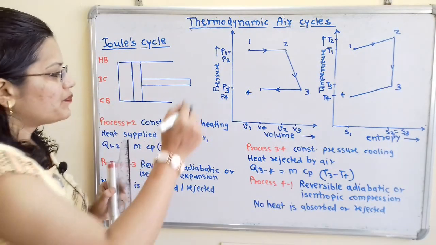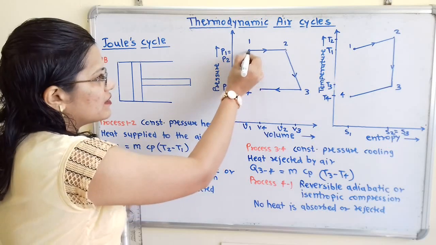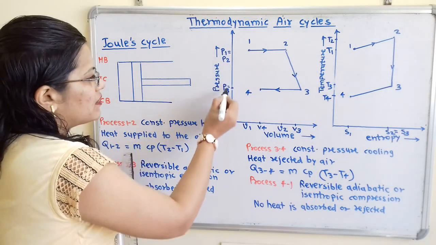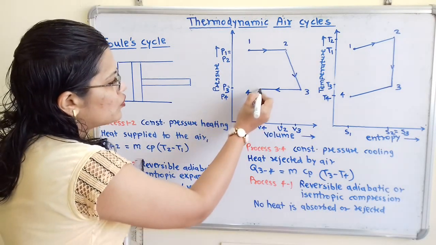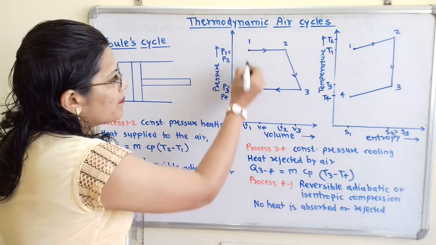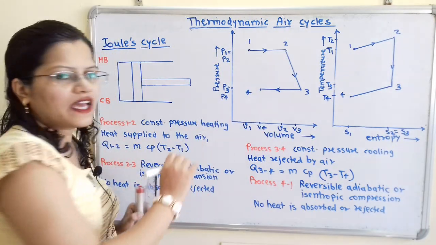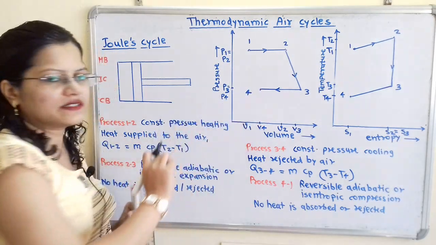Here we have to show from 4 to 1 pressure is getting increased. If we observe here already, P1 is greater than this P4. Then we have to show decrease in volume. So here the volume at point 1, that is V1, should be less than V4. So we have to select point 4 in such a way that V1 is less than V4.